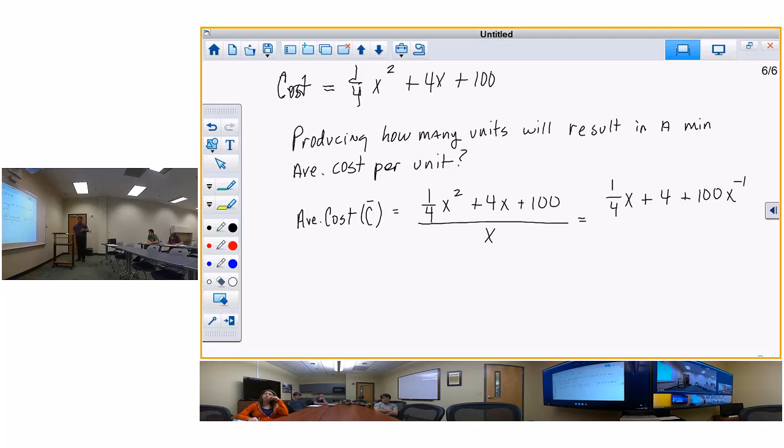I guarantee you, if I have 20 students in the classroom, which I don't, but I'm using 20 as a round number, probably 5 students don't have this right here. They might have some form of it, but you need it like this so you can take the derivative. That's one of those things that you have to know to do when you're in calculus.